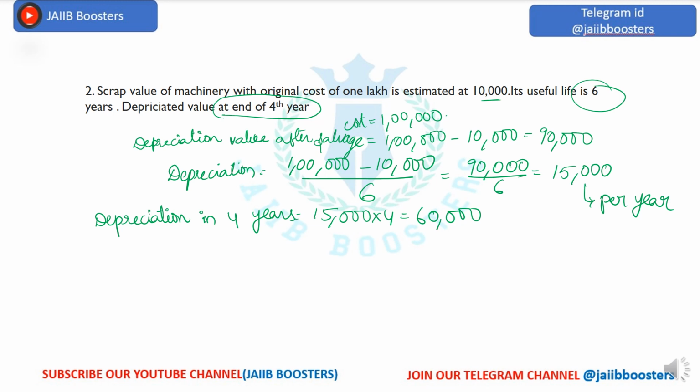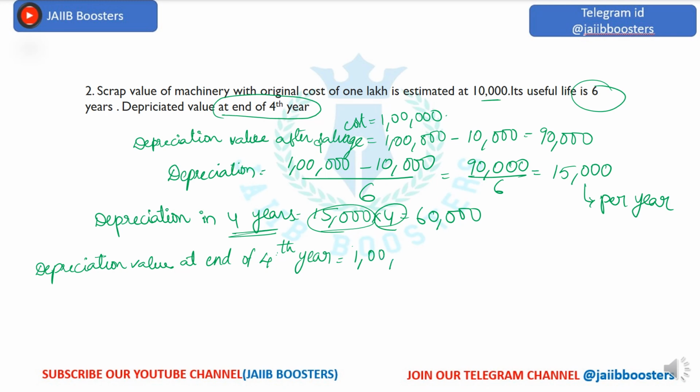If they ask for the depreciation in 4 years, then we will calculate the depreciation per year into the number of years. But in the question, they are asking the depreciated value at the end of the 4th year. So what is the original value of the asset? 1 lakh.